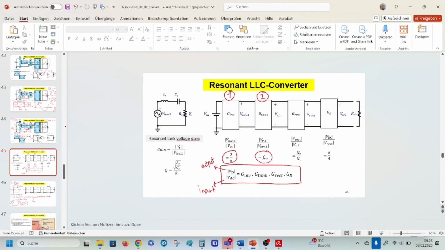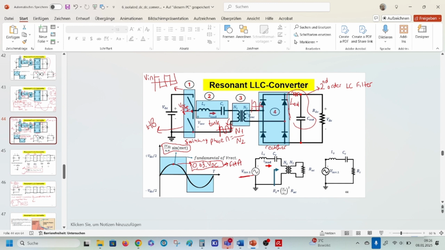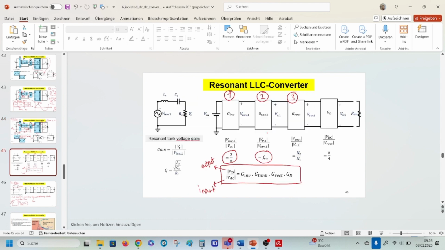And then the third phase, what was it? It was the relationship between the output voltage of the transformer and the input voltage of the transformer, which is just controlled by turns ratio. And gain is controlled by a turns ratio.